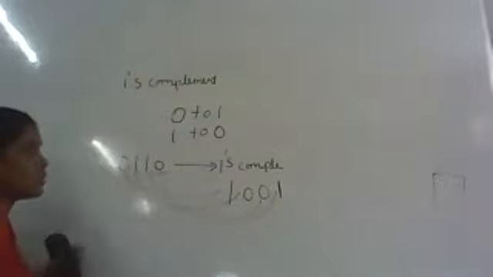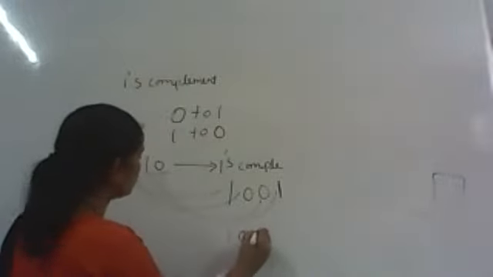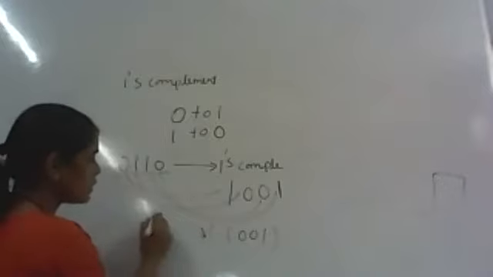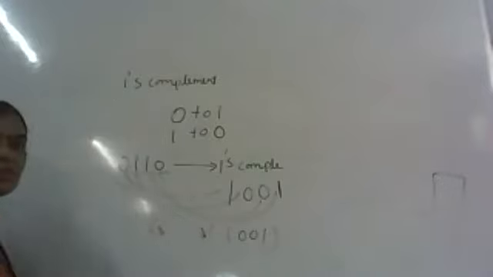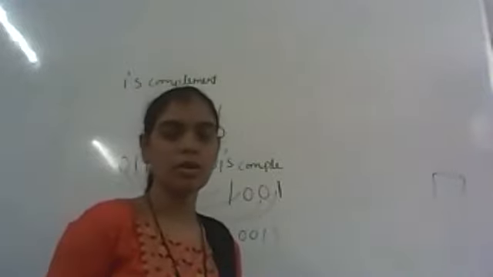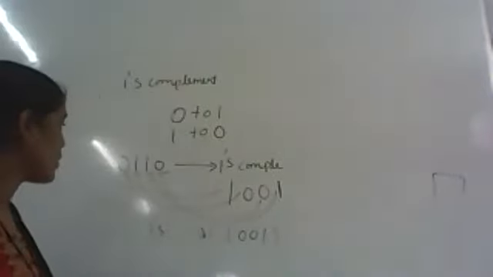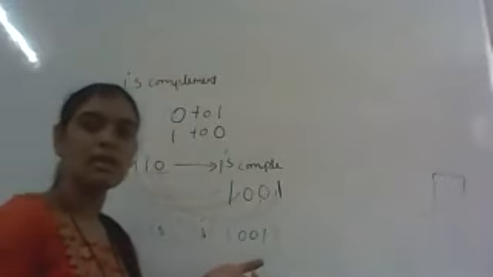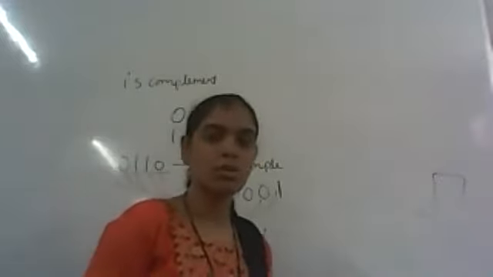So this 1 0 0 1 is the 1's complement of this number. Got it? What is the 1's complement? 0 replaced by 1, 1 replaced by 0. That is the 1's complement.